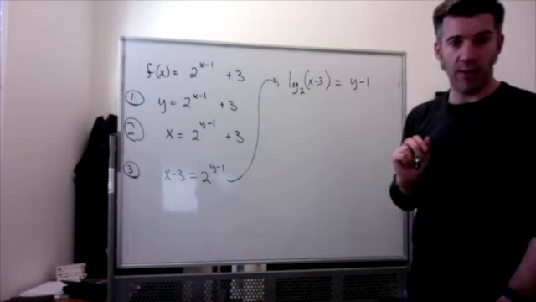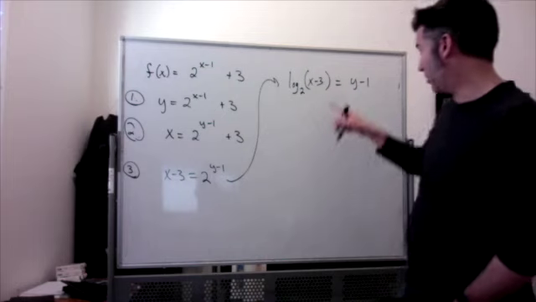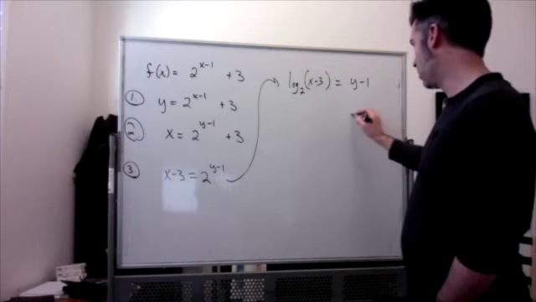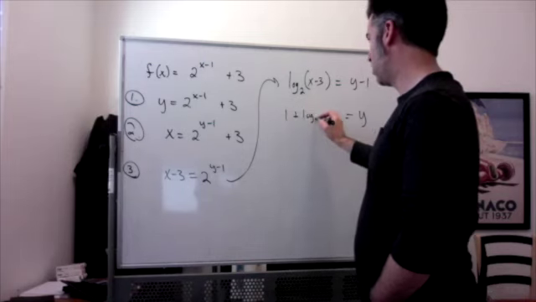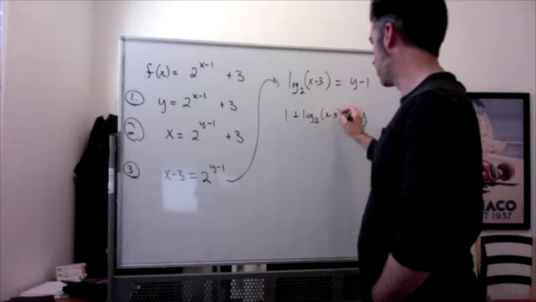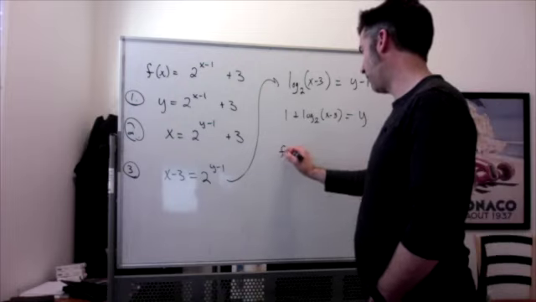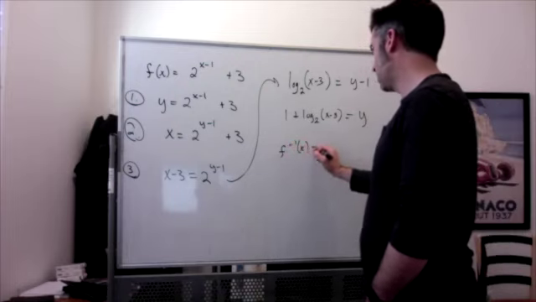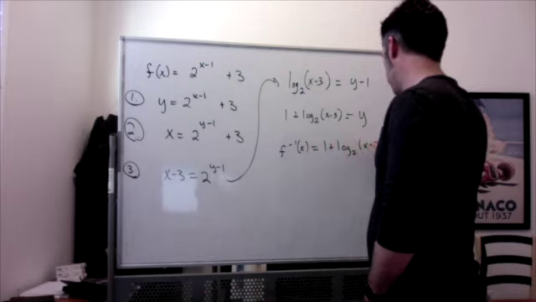And you could do it that way, and that would be perfectly fine. That's probably the way I would do it. Then we add 1 to both sides, so we get y equal to 1 plus log base 2 of x minus 3. And then we would write it as f inverse. So we'd have f inverse of x equal to 1 plus log base 2 of x minus 3.